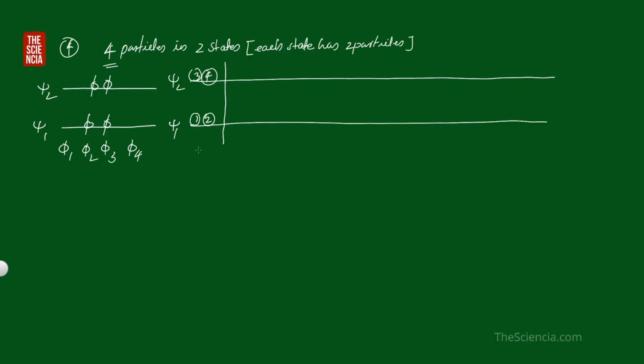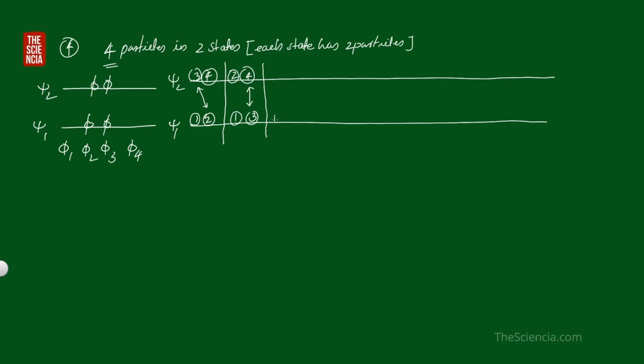Now I am using the particle exchange operator. So I am going to exchange 2 particles. I am keeping the first particle there itself, and I am interchanging 3 and 2. Particle 3 and 2. Now again I am going to use the particle exchange operator. Now I am going to interchange these 2.